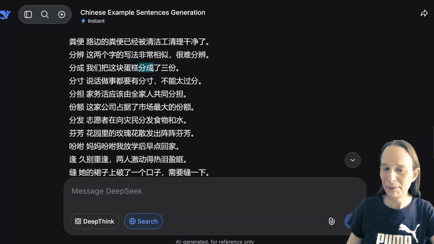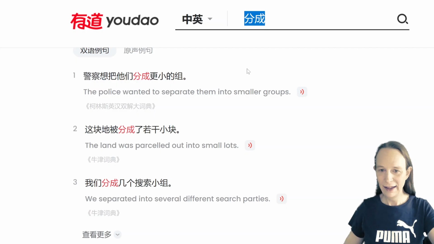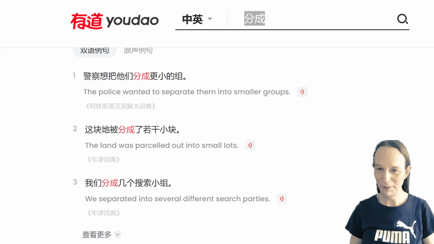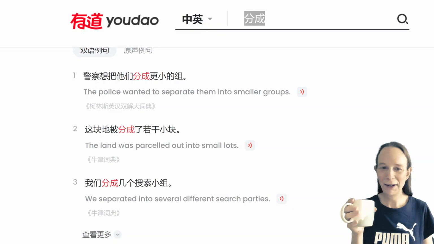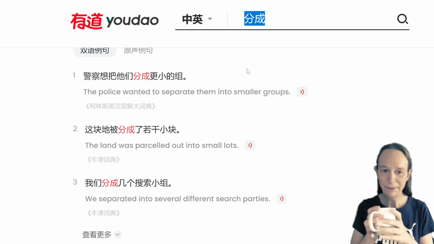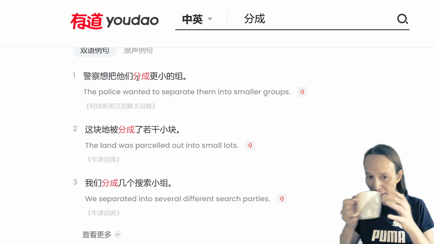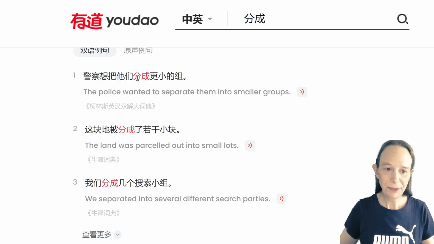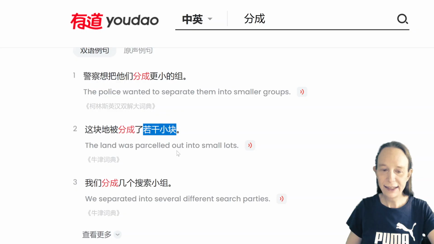When something is unspecific, it usually is very broad and general, but you probably also want to not use such imprecise words in your language, because the more imprecise you are, the more ambiguity and more room for misinterpretation there is. 警察想把他们分成更小的组, split them into smaller groups. 这块地被分成了若干小块.